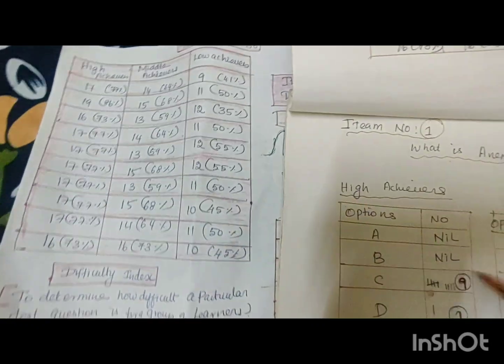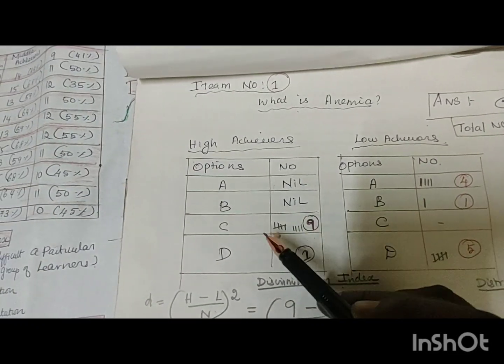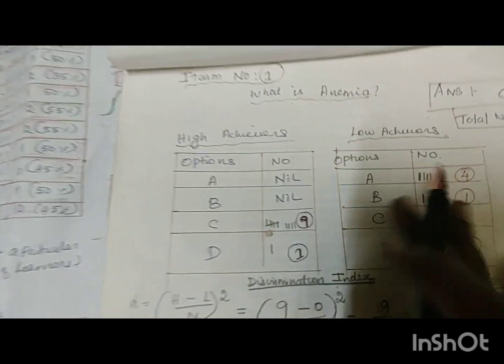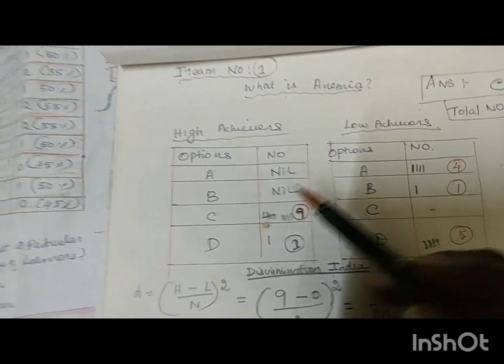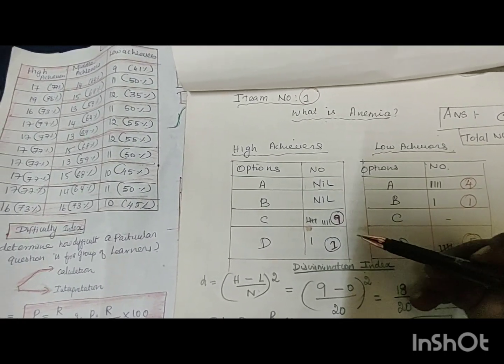This is the first question: what is anemia? I told you the middle group I am going to leave. This is the high achievers and the low achievers. Here there will be 10 students, and here 10 students. Out of the 10, how many selected A? How many selected B? How many selected the correct answer?